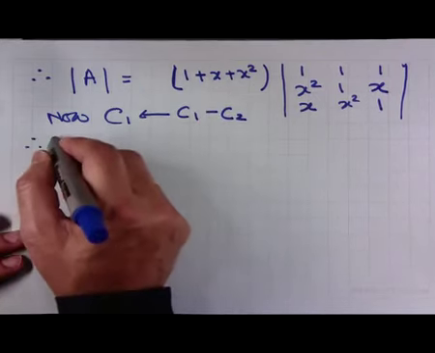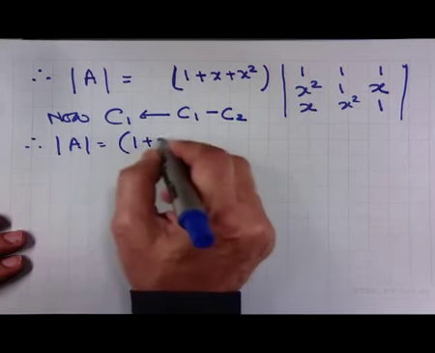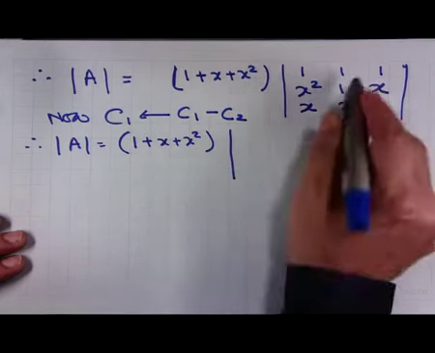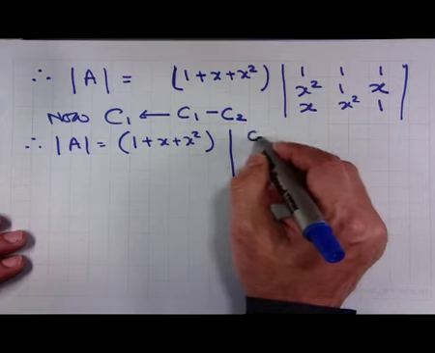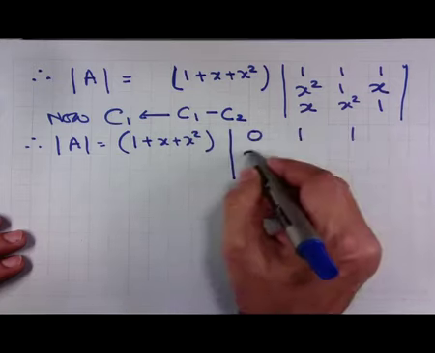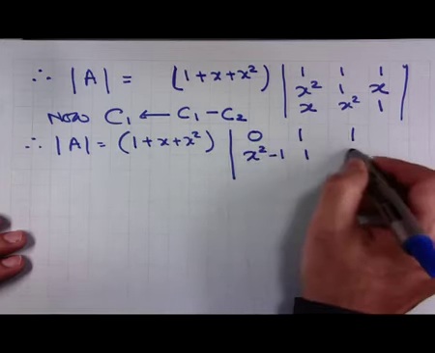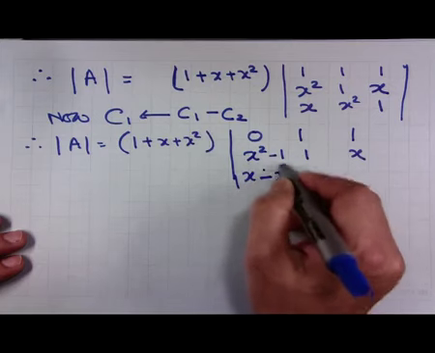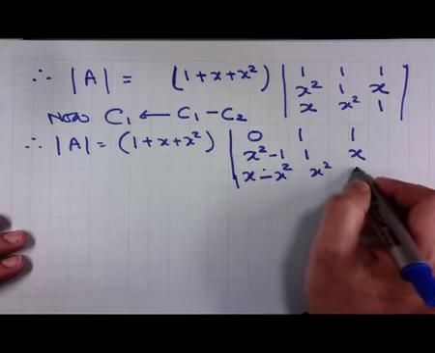Therefore, determinant of A is equal to 1 plus x square into, after subtraction, I get 0 1 1; x square minus 1 1 x; minus x square 1.